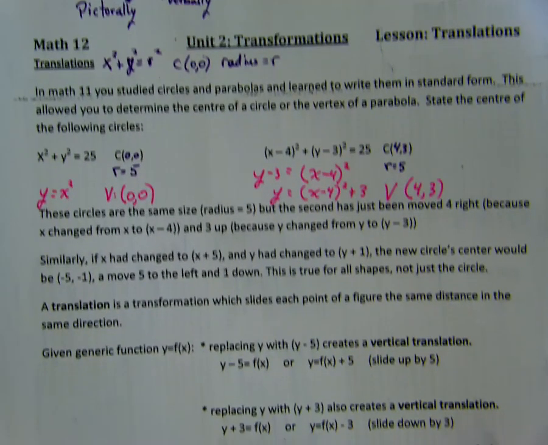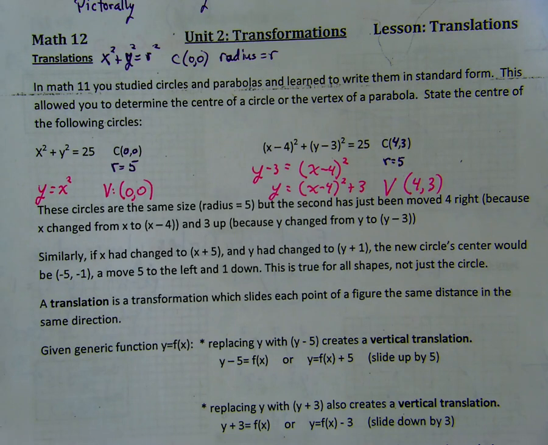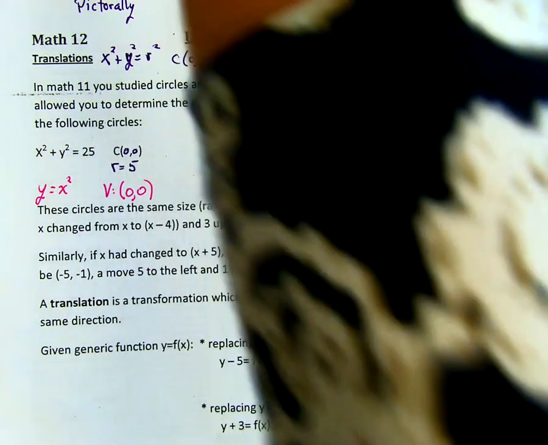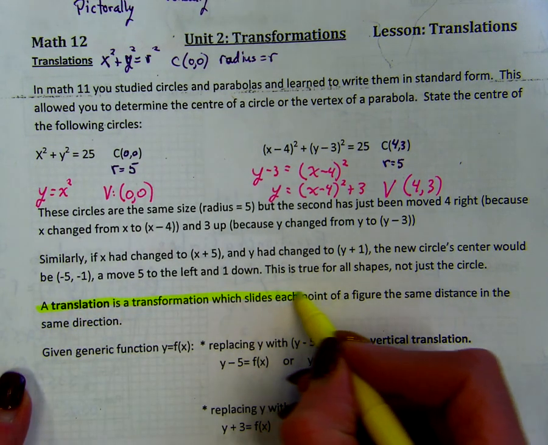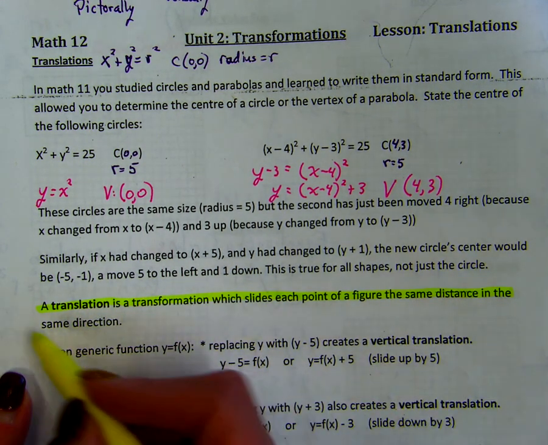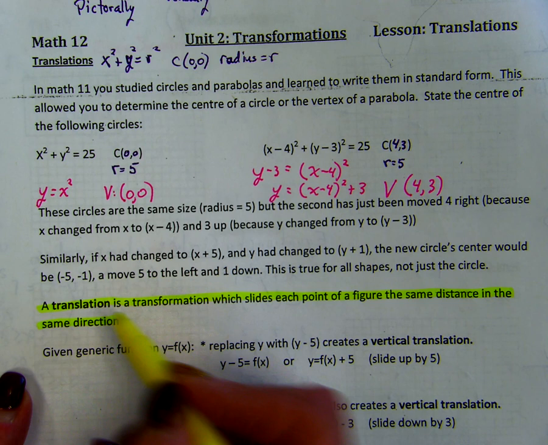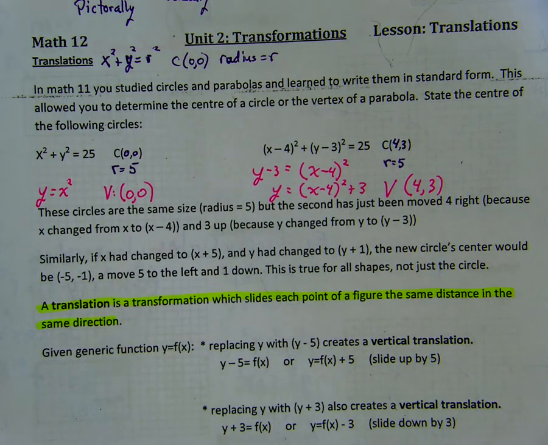So we call these translations. So here's your definition. What is a translation? It is a transformation that slides each point of a figure the same distance in the same direction. So your shape is going to look identical. It's just going to have a different starting point.